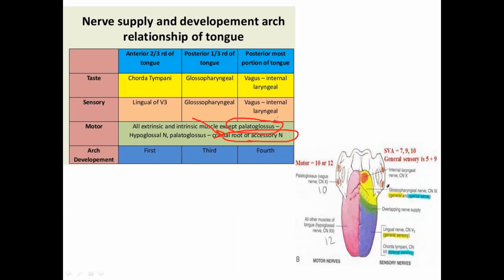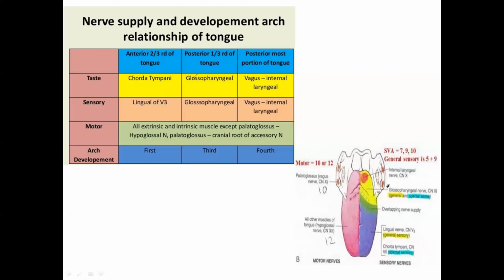The palatoglossus muscle is not supplied by the accessory cranial nerve, but by cranial nerve 10, the vagus nerve. This is the question they gave in the exam: all the extrinsic muscles are supplied by the accessory cranial nerve, true or false? No, except the palatoglossus. So that was all about the muscles and muscle supply.